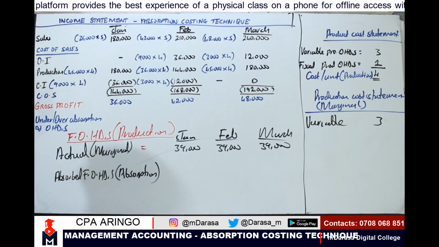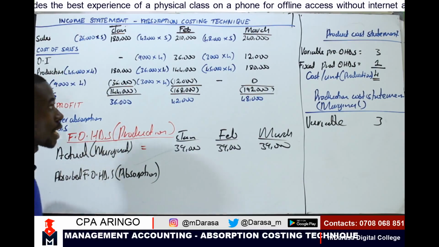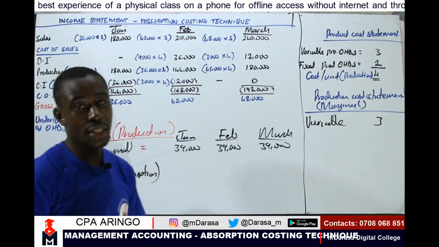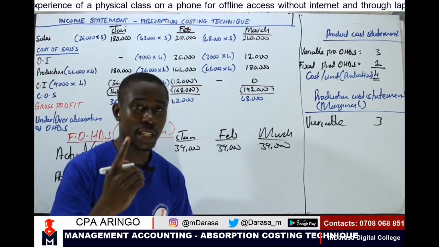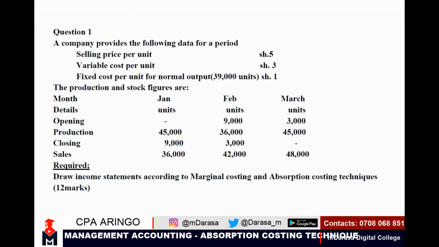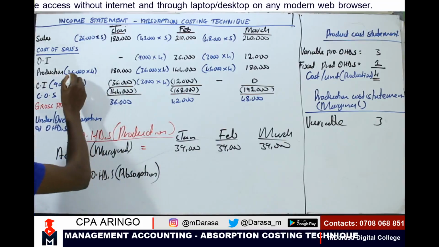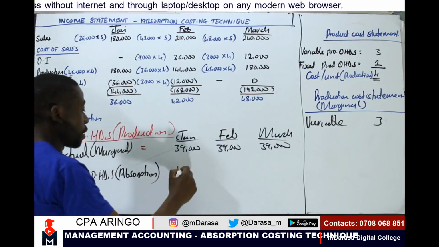So I'm going to take 45,000 units by the production cost per unit, which in this question is fixed production cost per unit, 1 shilling. So 45,000 times 1 gives us 45,000.